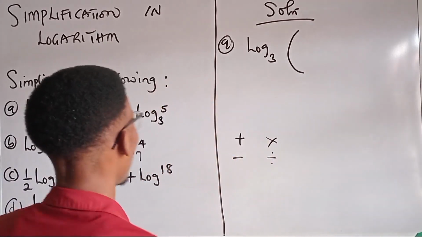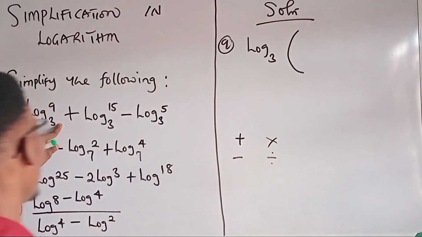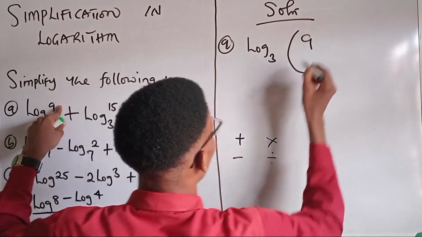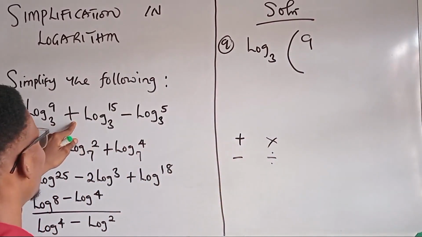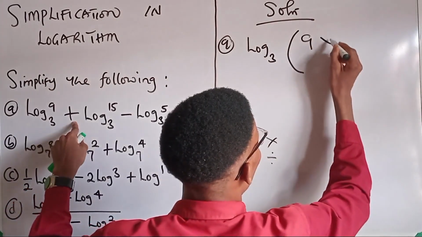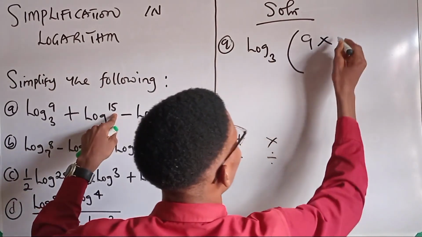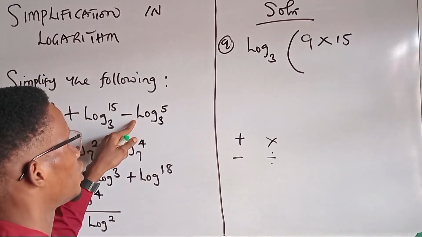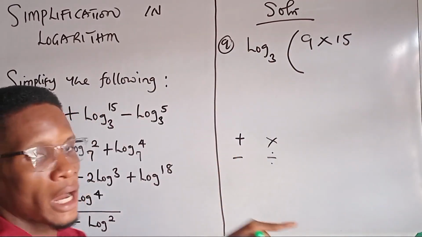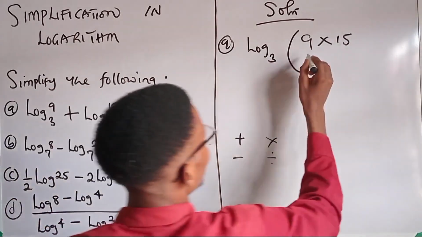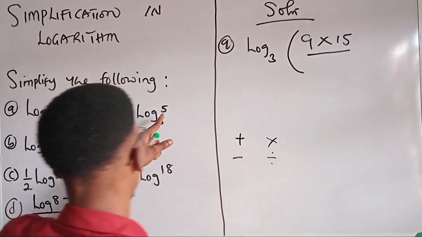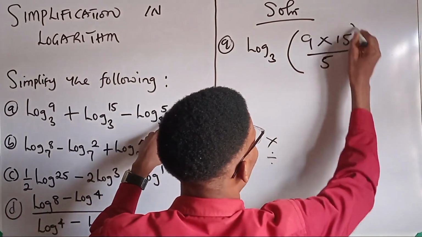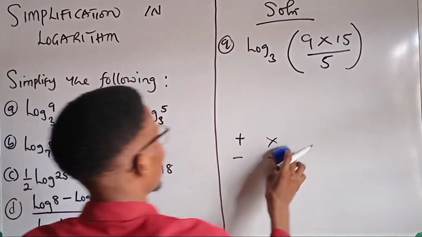So when we apply this law here, it's going to be 9, then addition changes to multiplication, so 9 multiplied by 15. Then this minus here changes to division, so divided by 5. It's very simple.